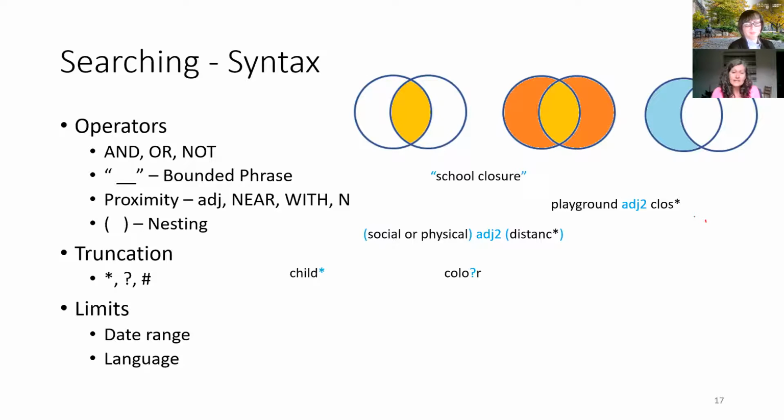And then the nesting is, so you'll see that the parentheses combine the like terms. And so, the distance is social or physical, and you want either of those terms within two words of distance and versions of distance, which is what the asterisk is asking for there.